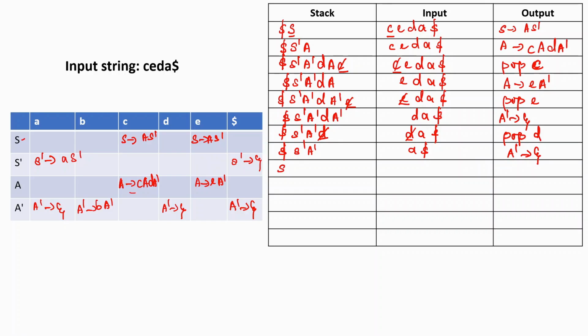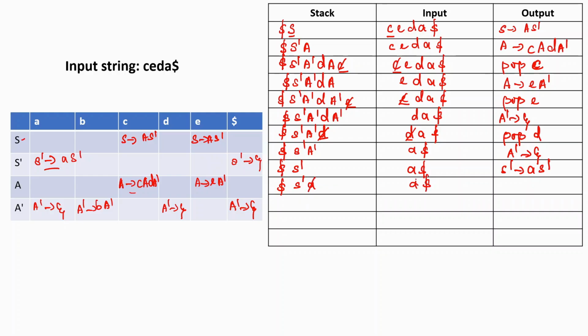So when I have an empty, it becomes S dash A here. So match S dash with A. The production is S dash → A S dash. So again the S dash will be replaced with S dash A and A, with the dollar symbol.